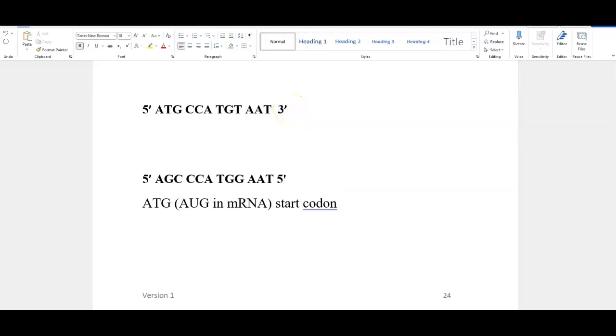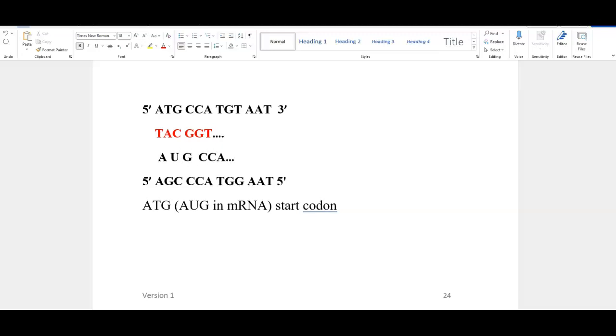Remember, the other strand is going to be T, A, C, G, G, T, you get the idea. And this is the strand that's going to be translated into RNA. So TAC codes for AUG, and then CCA.